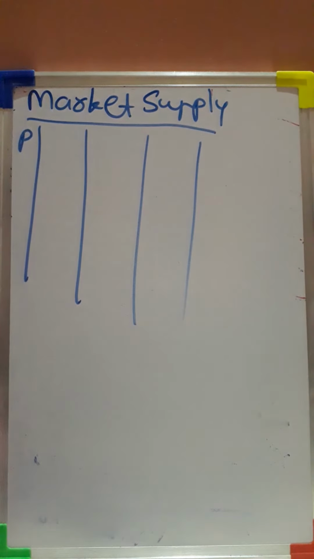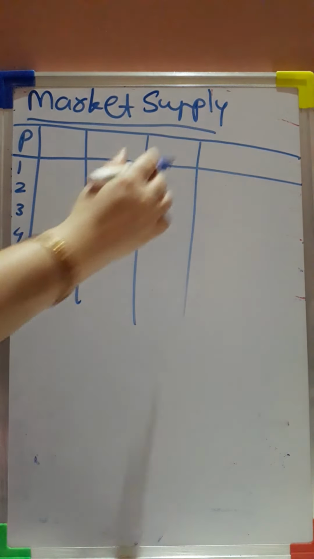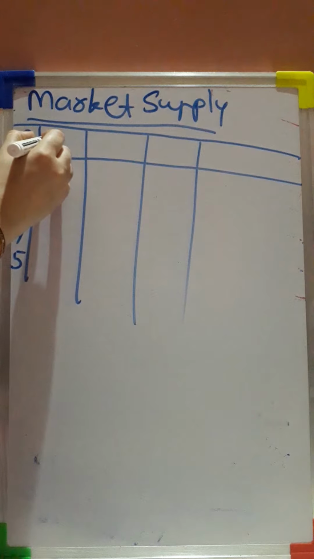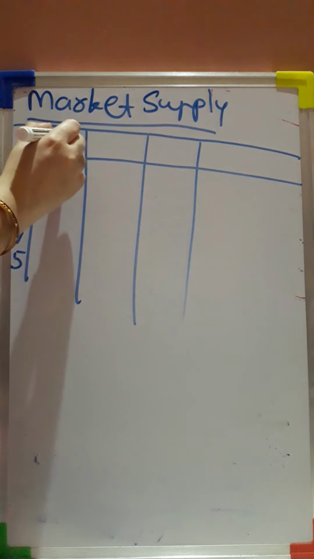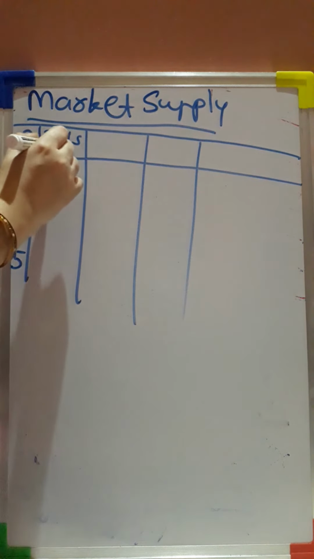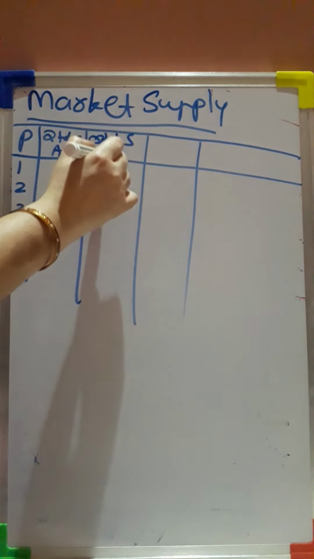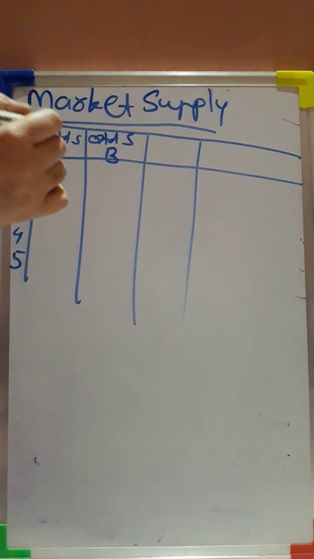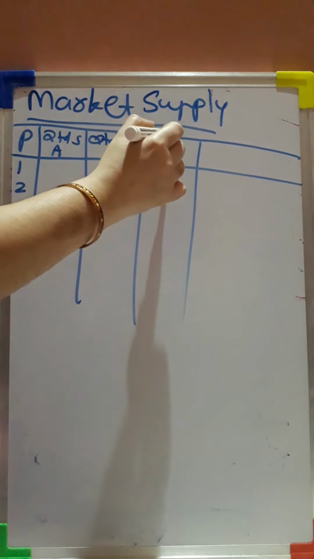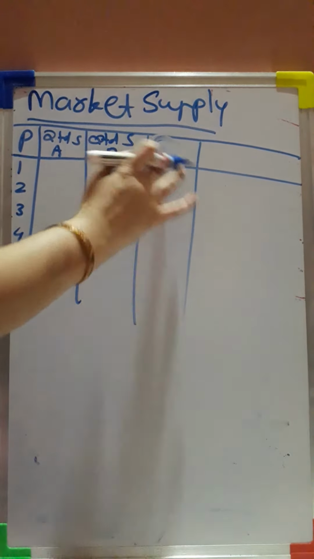So our question is, the prices are 1, 2, 3, 4 and 5. Now when we talk about market supply, there is the quantity supplied by producer A, the quantity supplied by producer B, and here we'll take only 2 producers.